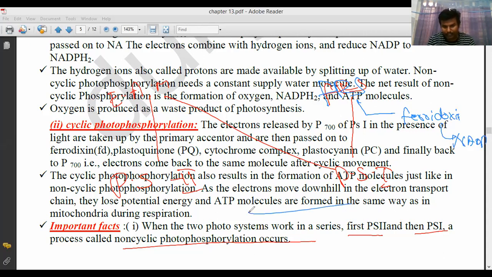Here water splits, and protons are added, then it becomes NADPH2. This process looks like a Z letter. This is called the Z scheme of reaction. It is also called non-cyclic photophosphorylation.